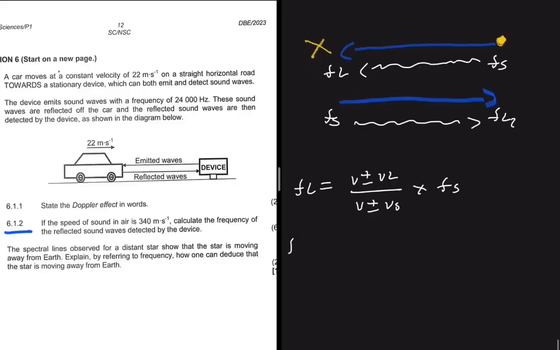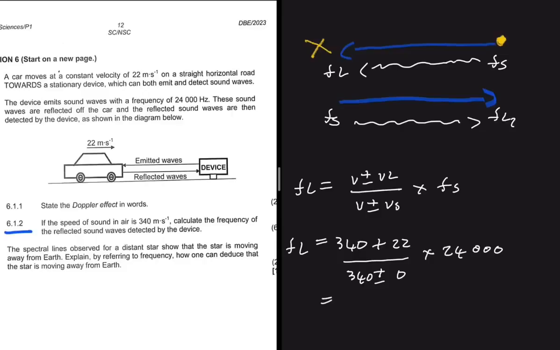So the frequency observed by the listener, the frequency that strikes our vehicle, equals 340, and our listener, the vehicle, is moving towards the device, so we have plus the velocity of the listener, which is 22 meters per second, divided by 340 plus or minus the velocity of the device, which is 0 since it is stationary, multiplied by the frequency emitted by our device, which is 24,000. Let me just compute that real quick.